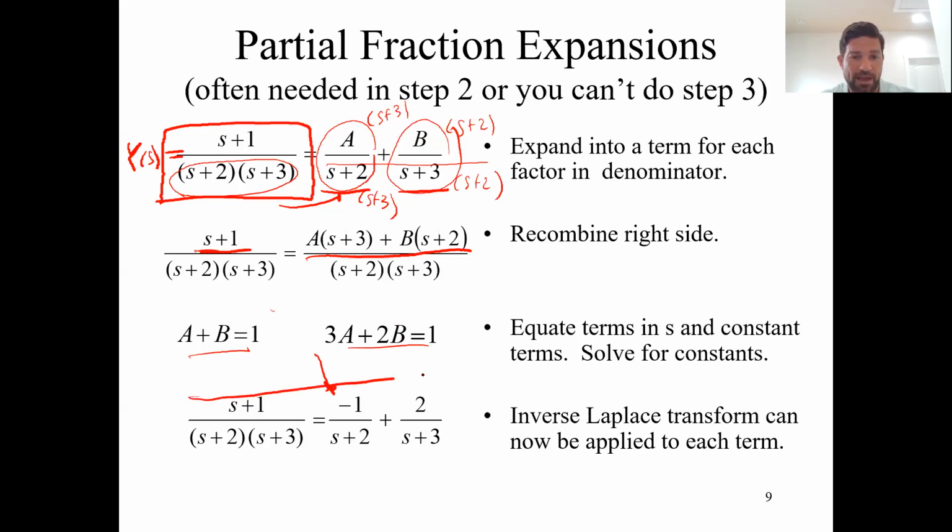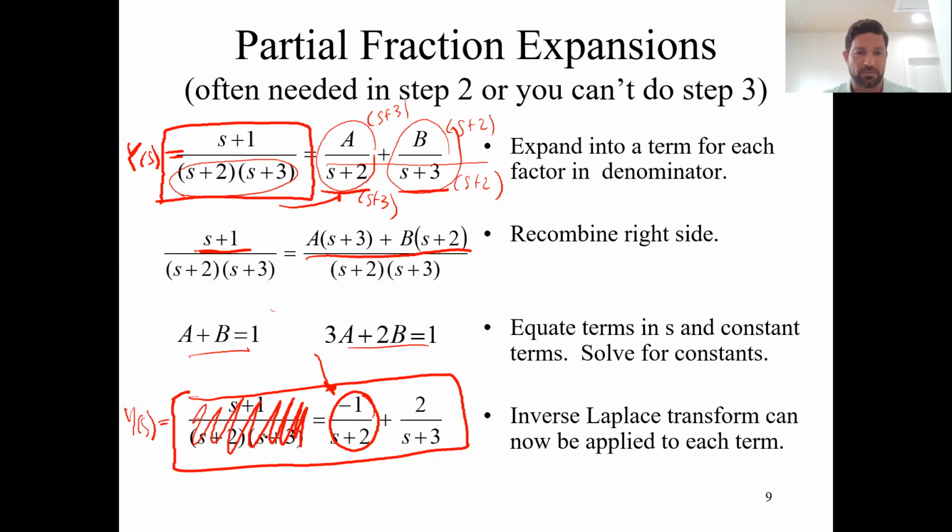Once we have this equation that looks as shown here, we can pick these things out of the table right here. This is now our y of s. So y of s equals this function, which equals this. I'm going to ignore this right now because I can't do the inverse Laplace of this one, but I can do the inverse Laplace of these two individually.